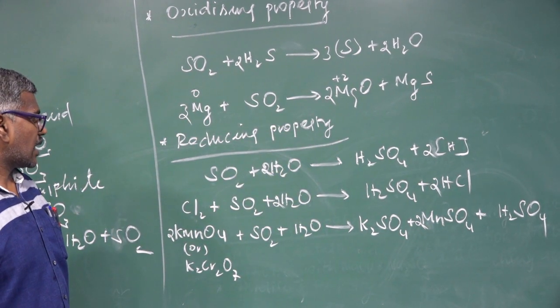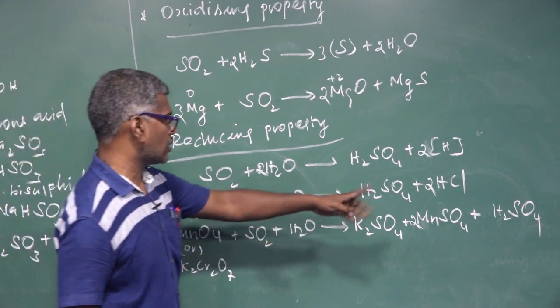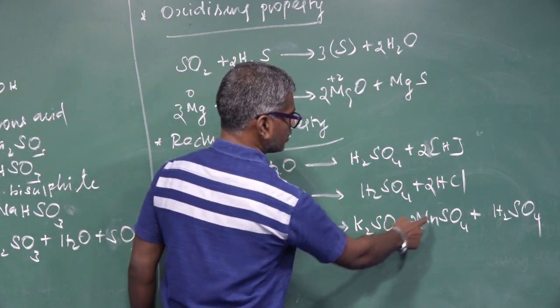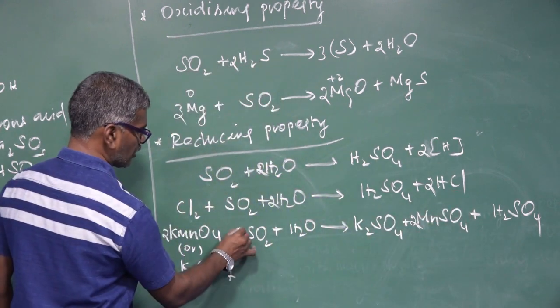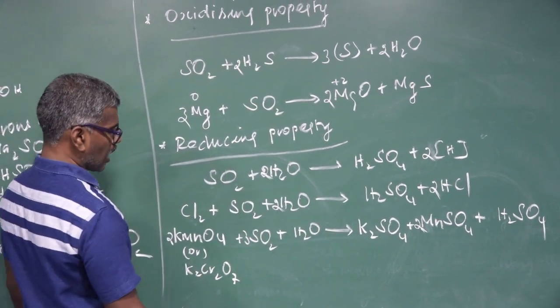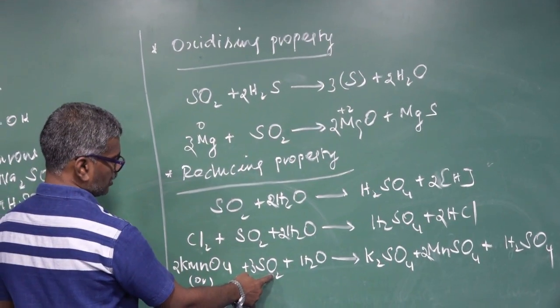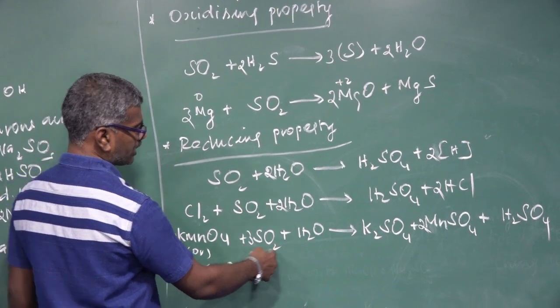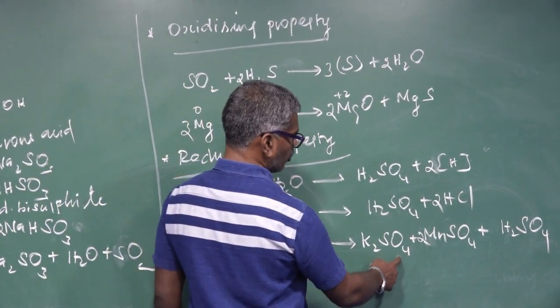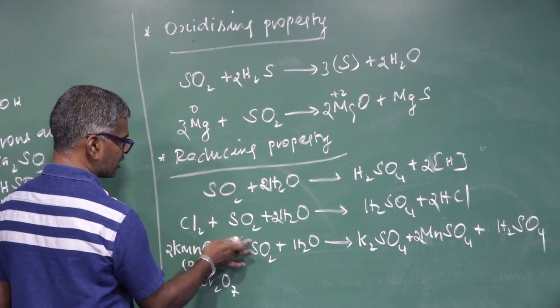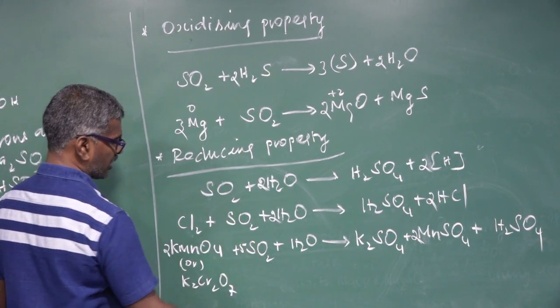Another one is hydrogen. Here 2 hydrogen, 2 hydrogen. Sulfur: here 1 sulfur, 1, 2, 3, 3 sulfur. So how to write the 3? Oxygen, how many oxygen? 8, 6, 14, 15. Here 4, 8, 12, the equation is not balanced. So how to write one more time? 5.